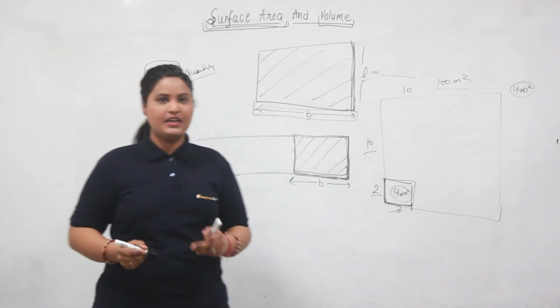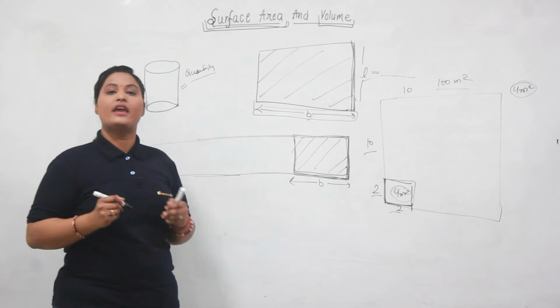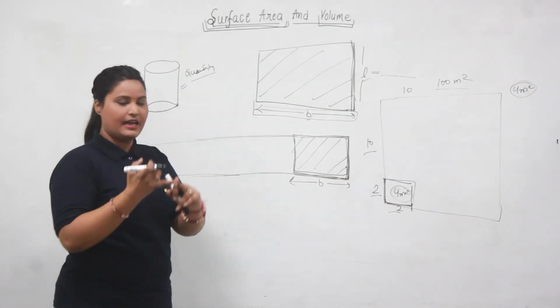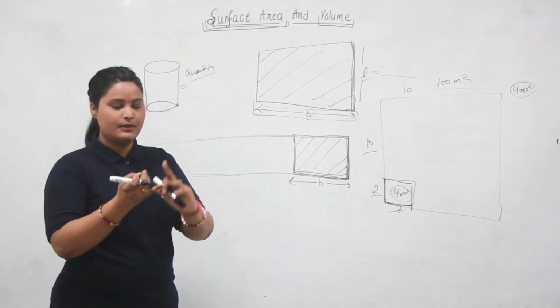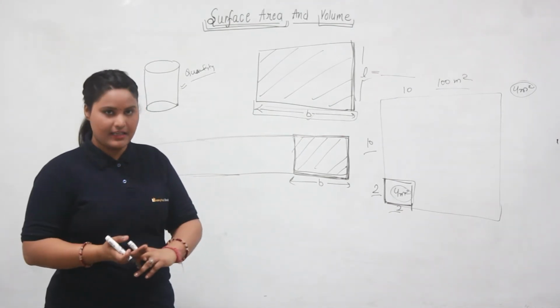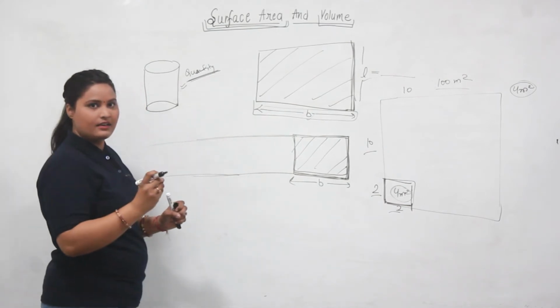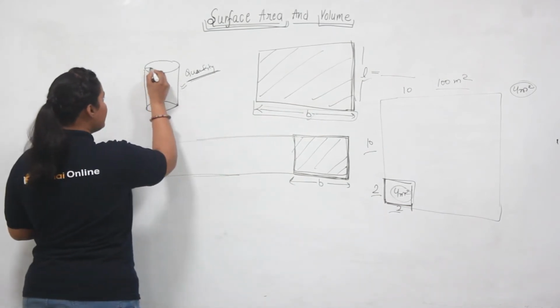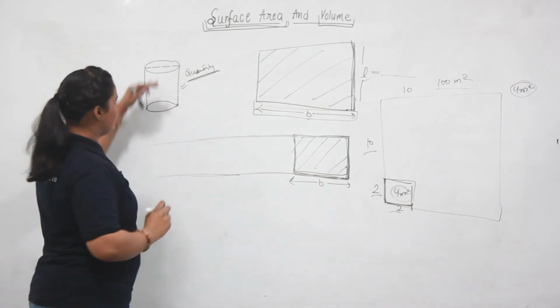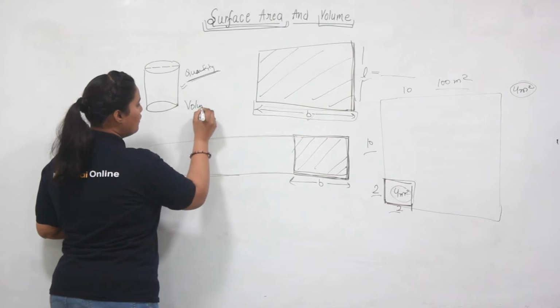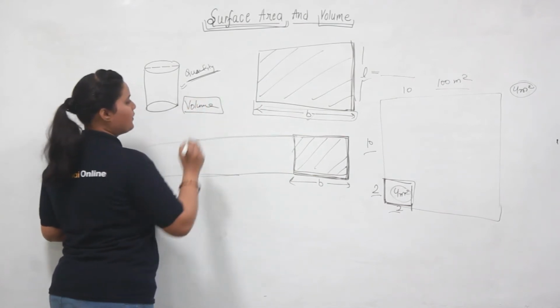If it is empty, then I can say the quantity of air into it, and if it is filled with anything, like air, water, sand, or anything, the quantity of that particular thing that can fill its highest surface is known as the volume of that shape.